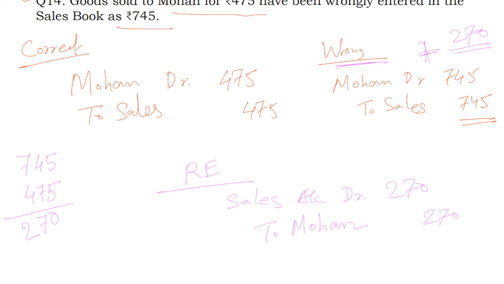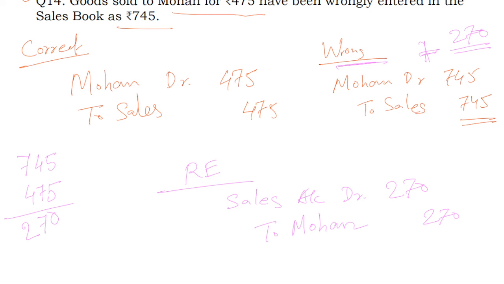I'm not getting your point, please clarify. Okay, I have got your point. Probably you are asking about the case where the sales figure was written with a lesser amount.